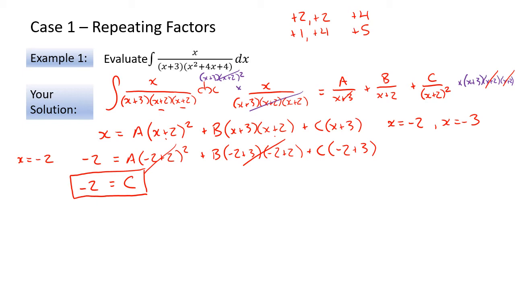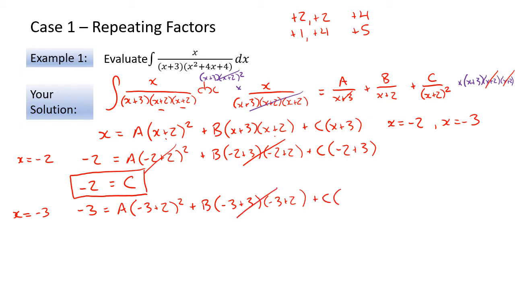Our next factor we'll use is we'll substitute in x is equal to negative 3. And if we do that on the left-hand side, we have negative 3 is equal to a times negative 3 plus 2 squared, plus b times negative 3 plus 3 and negative 3 plus 2. Again, you'll see a negative 3 plus 3, which is 0, so this term will cancel.